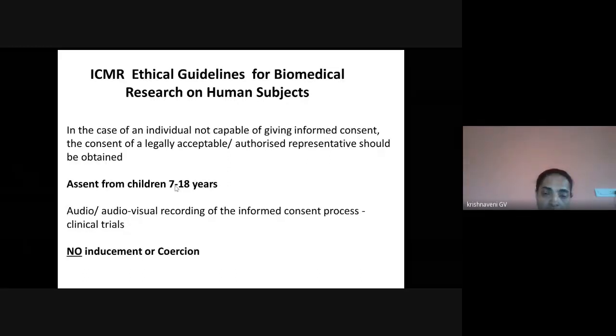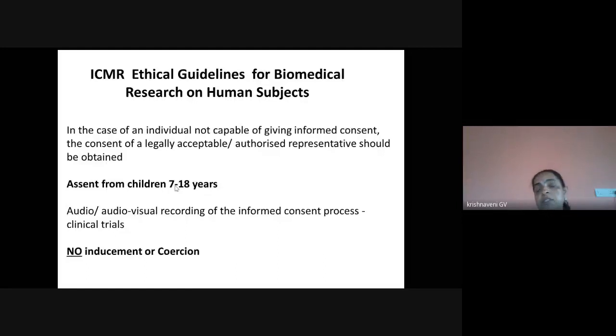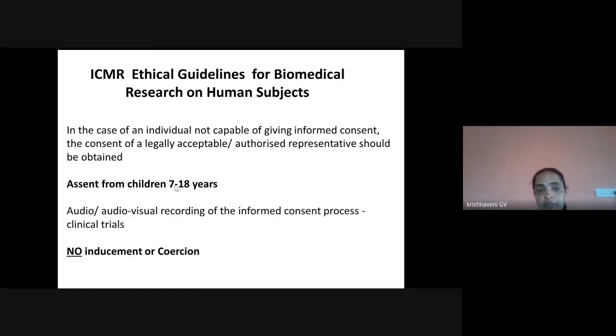Do you want to undergo this kind of assessment? It can be just verbal or it can be written, because written assent doesn't have any legal binding. Unless they say yes, we can't do research, even if the parents say it's okay to go ahead and conduct research on the children. See, it's only between 7 and 18 years.